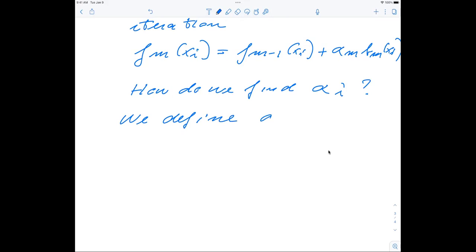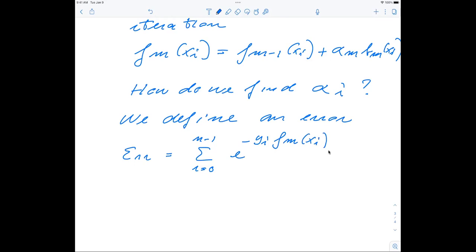So we define an error, and you will see now why we can use this function. I'm going to call this epsilon m. This is just a sum over the data, over n, given by e to the minus y of I times my function f of m of x of I. So this is actually my error at the stage m, so we should actually put an m in here.